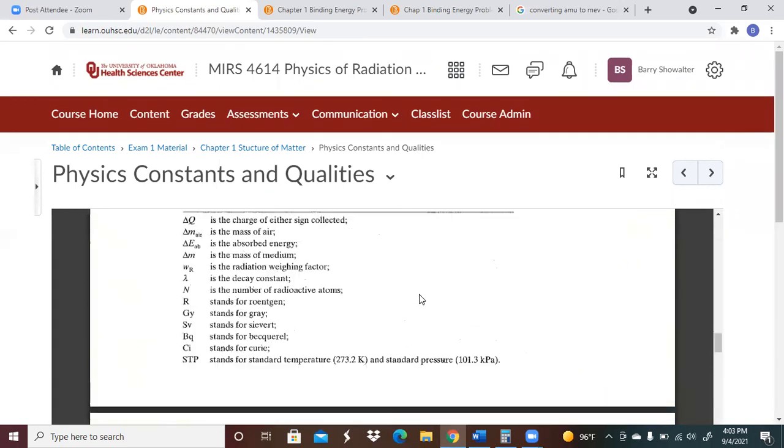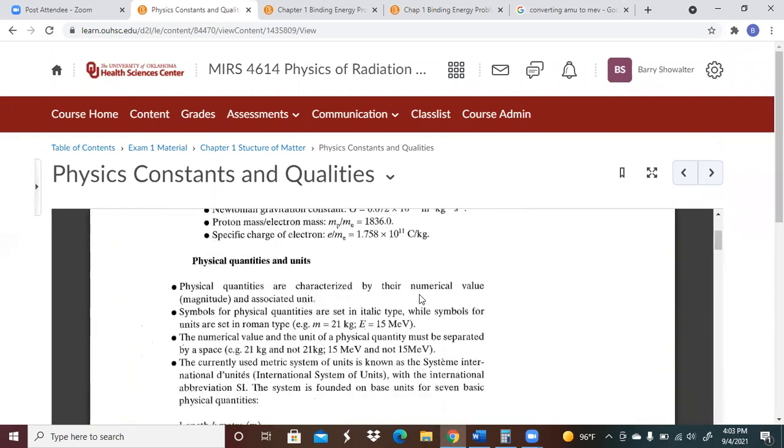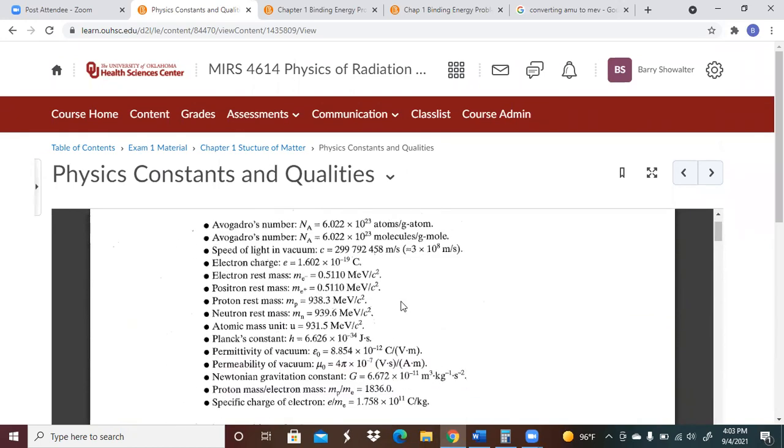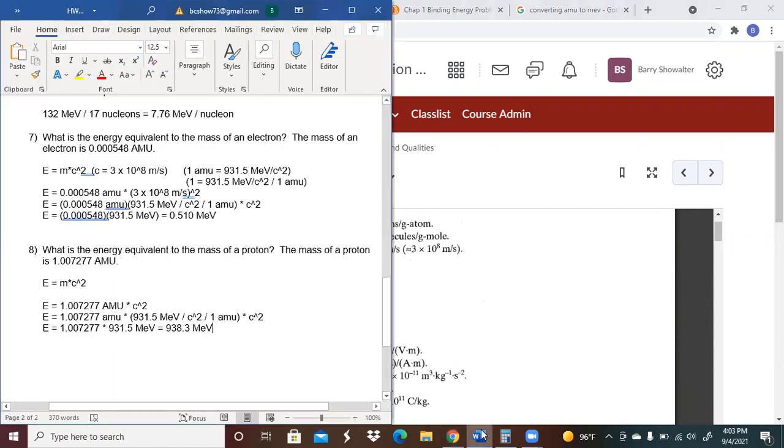Let's check the top. Proton rest mass 938.3. What do we come up with again? 938.3. There we are. Very good. So that's where it all comes from. Hope you got something out of that, and I will look forward to seeing you in the next lecture.